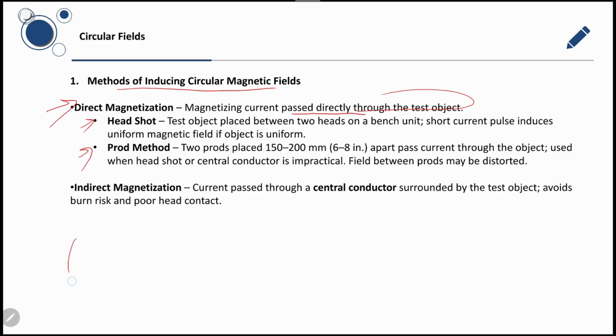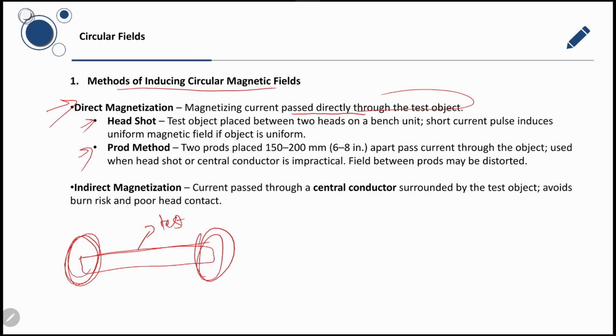In this headshot method, there are two heads of the bench type magnetizing unit. The test object, this is our test object, is placed between the two heads of a bench type magnetizing unit.